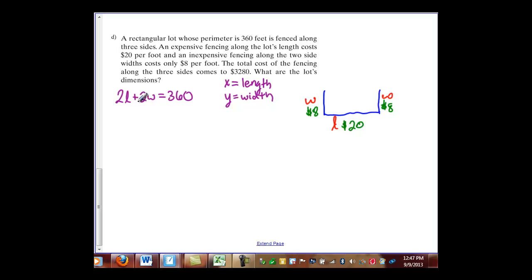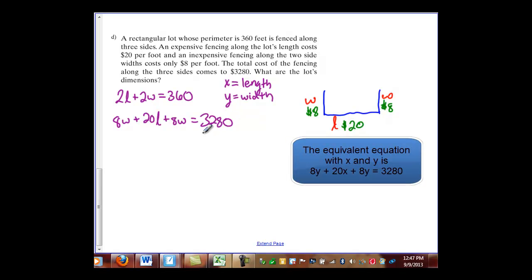So with L and W, we can either literally just walk around this picture. So we've got $8 for the W, so 8W plus 20L plus 8W. So that's literally just walking around adding up the cost of each of the three sides, equals the $3,280. We could be a little fancier about it because you know that we have two widths.